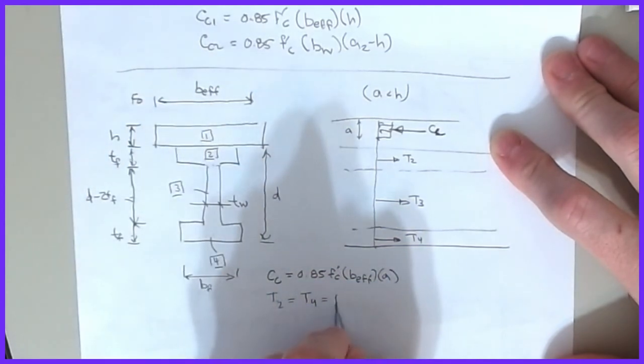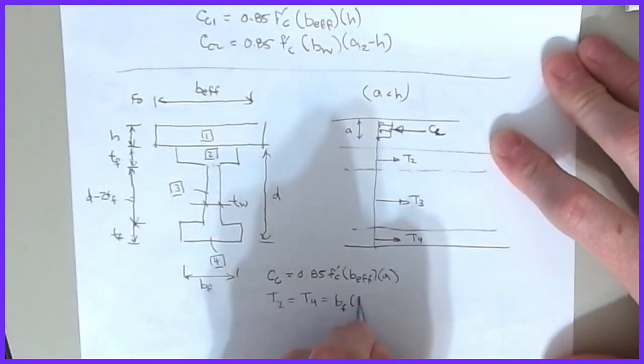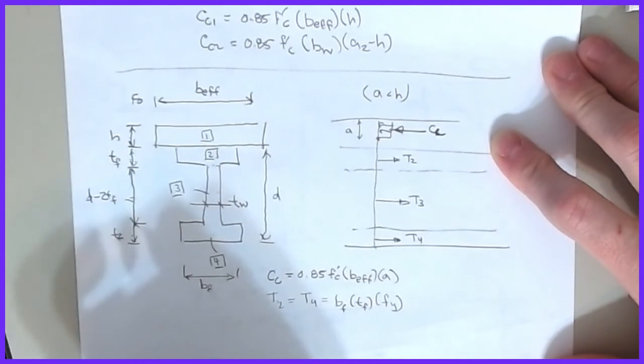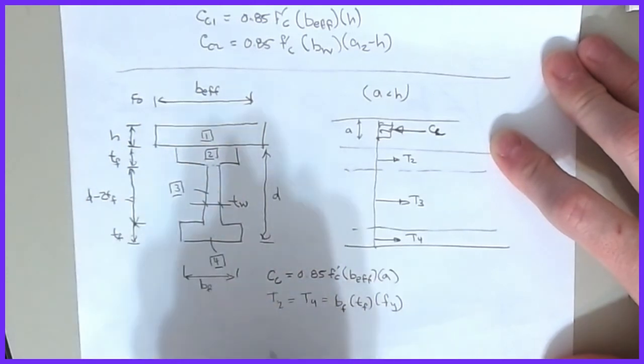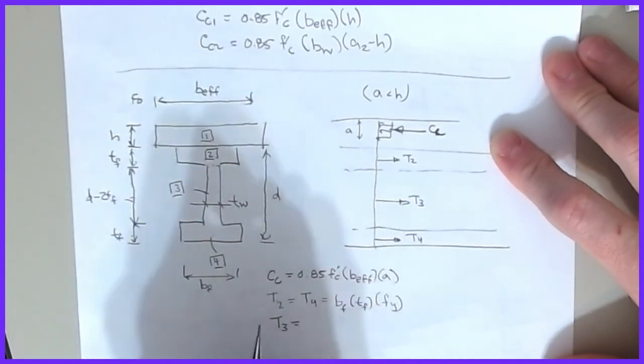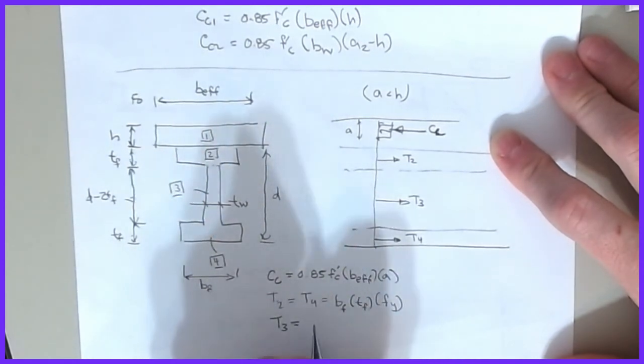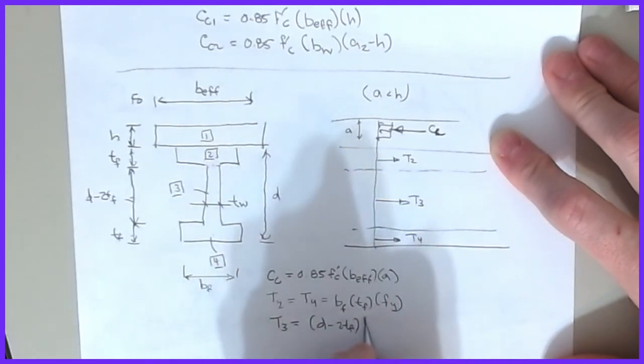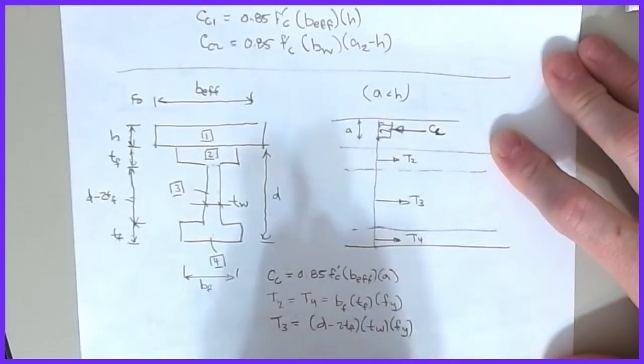Coming out of the steel tables, BF multiplied by TF is the area of the flange multiplied by the FY of the steel. And then T3 is going to be equal to, what was it, D minus 2TF, and multiplied by the thickness of the web multiplied by FY.